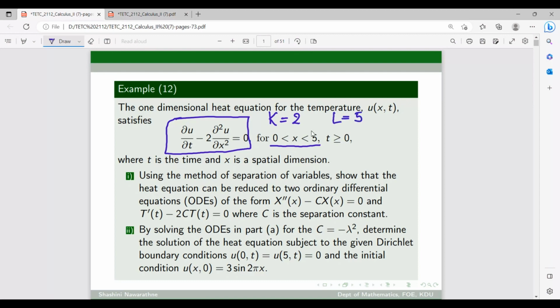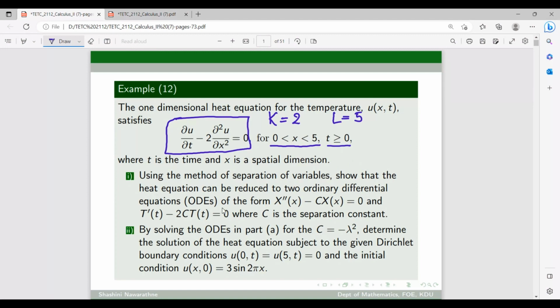So the boundaries are x equals 0 and x equals 5. Those are the important things that we obtain by just looking at this inequality. Then the next one: it's obvious time is always greater than or equal to 0. There are no negative time values. And here it is mentioned that t is the time and x is the spatial dimension.